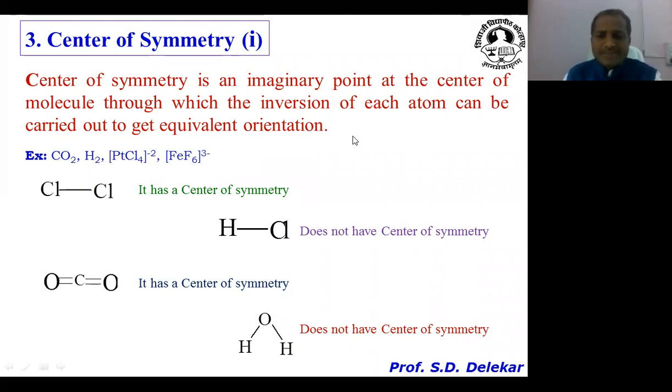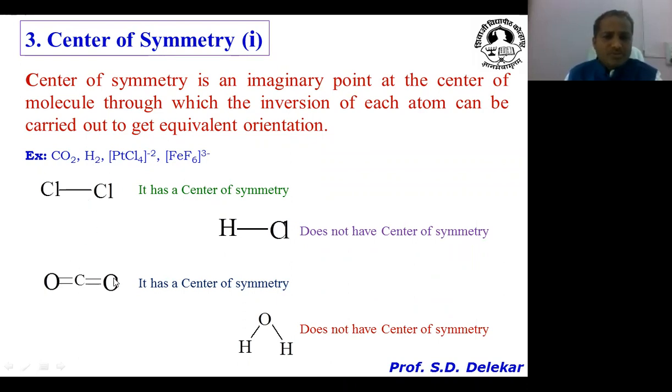If you are getting the same equivalent orientation through a single particular imaginary point after inversion, then the point is said to be the point of symmetry, or it is also called the center of symmetry.